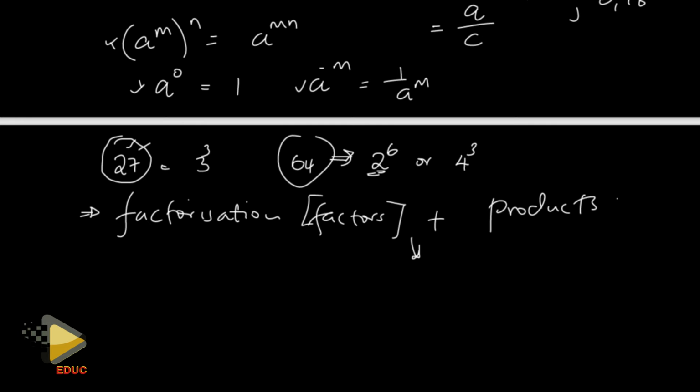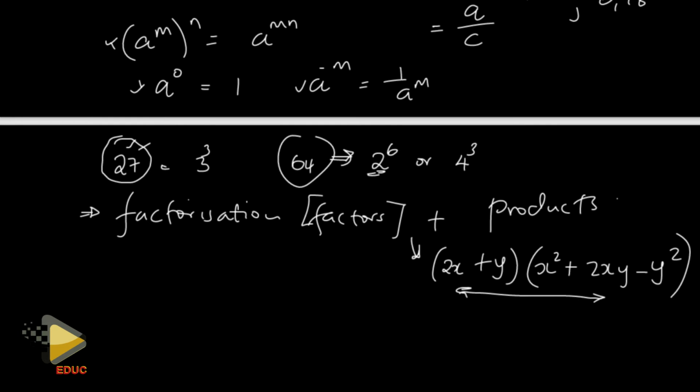With the products, if you have two brackets, a binomial and maybe a trinomial, let me just use reasonable expressions, maybe 2x plus y, and here you have x squared plus maybe 2xy minus y squared, something like this, how do we open this up? We can also have x minus 1. In most cases, they will never ask you this, but it's possible. Then open it up. How do we work around this?